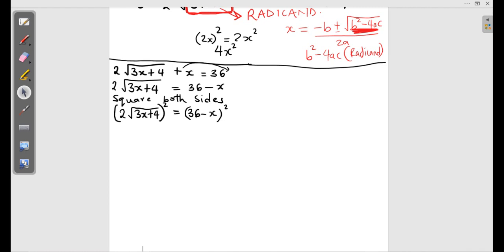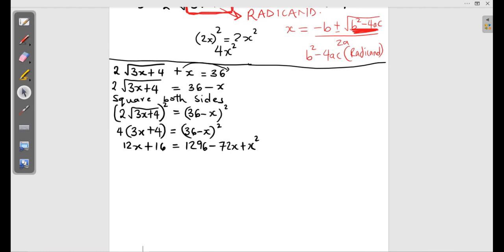So in this case, this would give us 4 into brackets 3x plus 4 equals 36 minus x all squared. So let's open up our brackets. We'll have 12x plus 16 equals 1296 minus 72x plus x squared. If you expand this, this is what you're going to have.